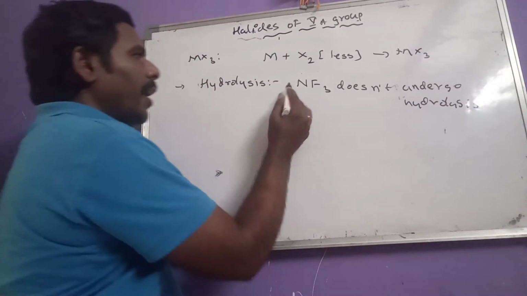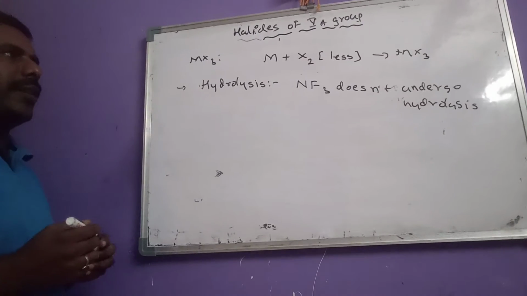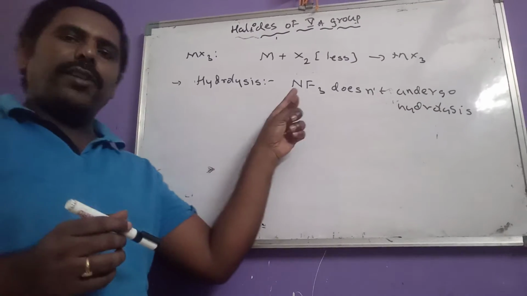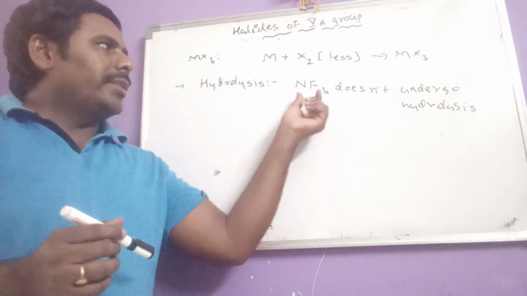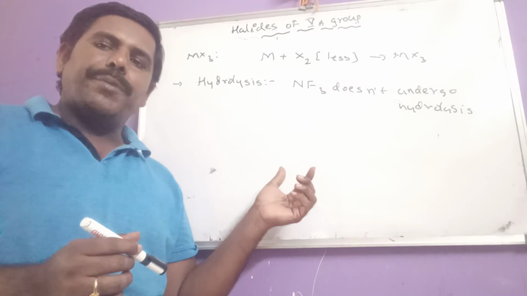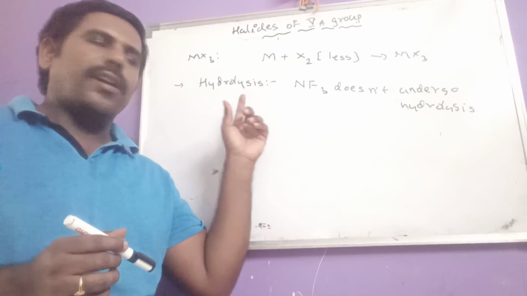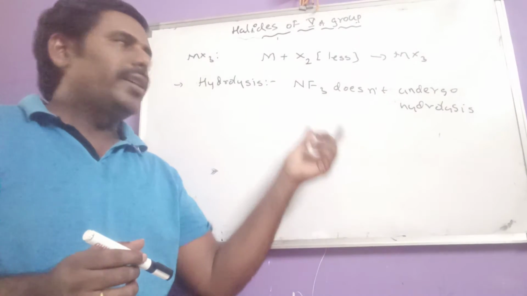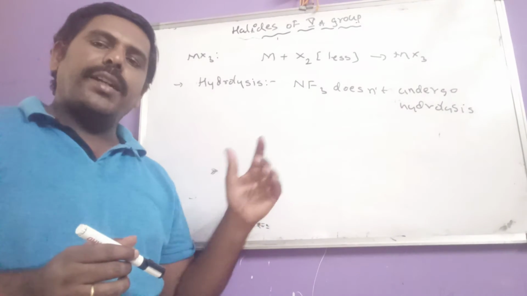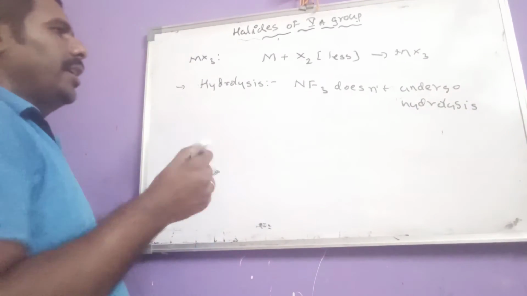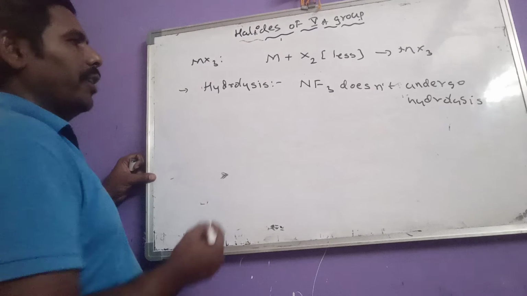So due to the absence of vacant d orbitals in both nitrogen and fluorine, NF3 can't accept the lone pair of electrons donated by water. So NF3 doesn't undergo hydrolysis. That is one important thing we have to remember.